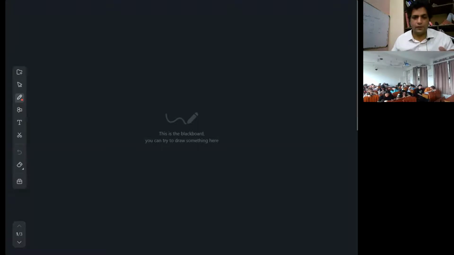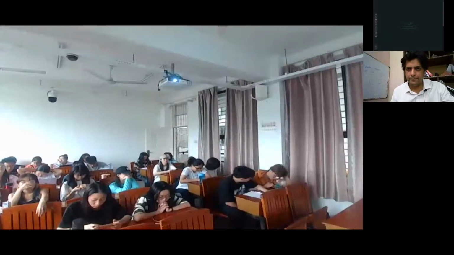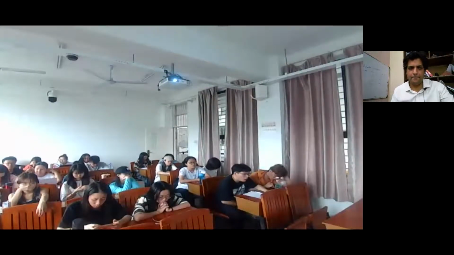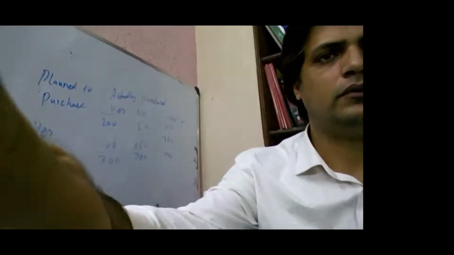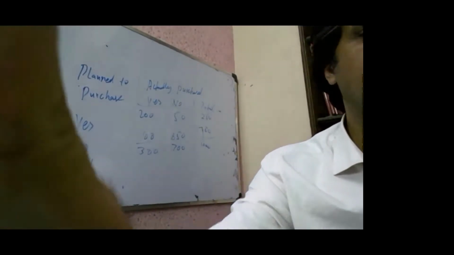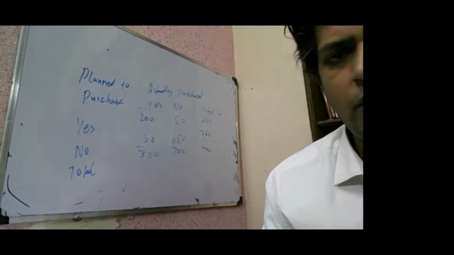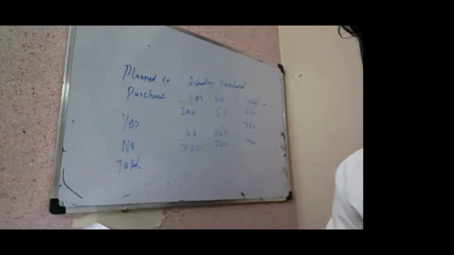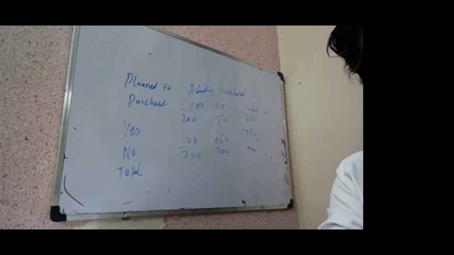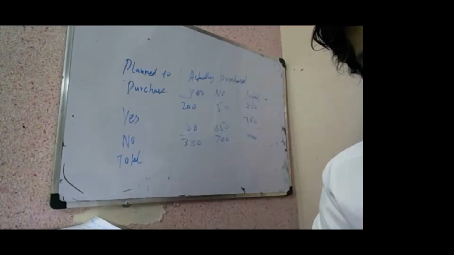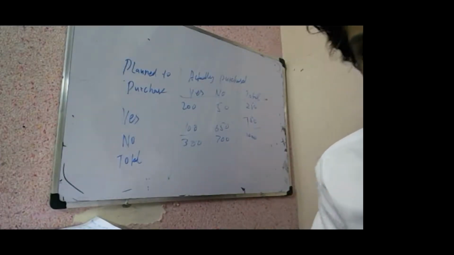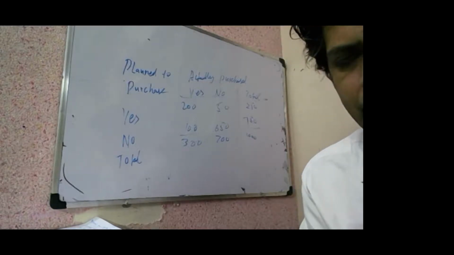Now you can see. So I have drawn a contingency table from one example. You can see it clearly, right? So this is an example from the book.